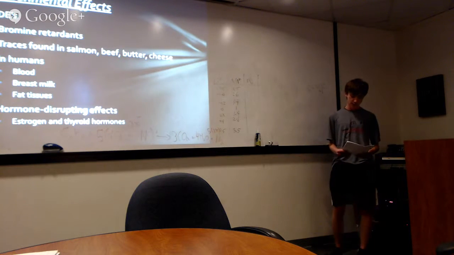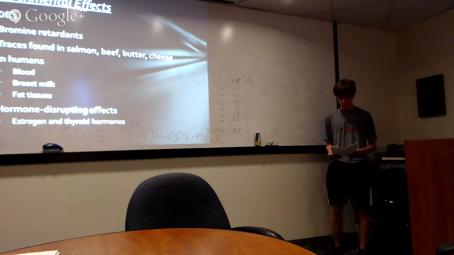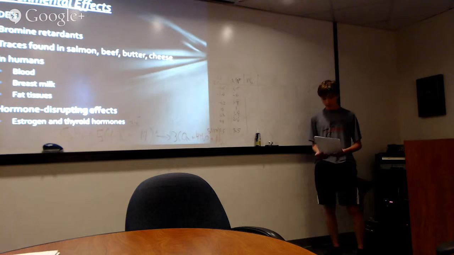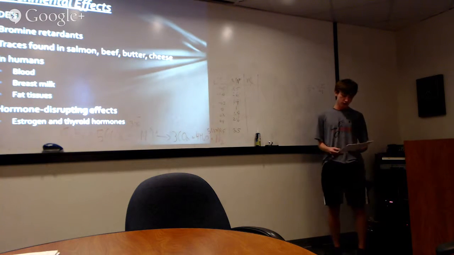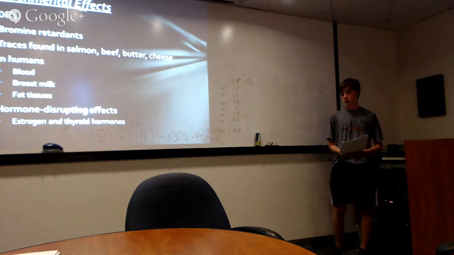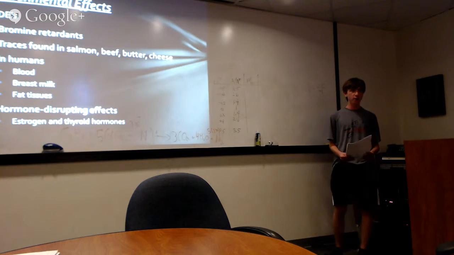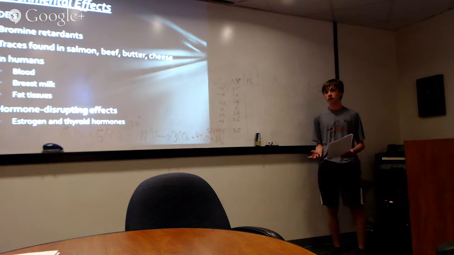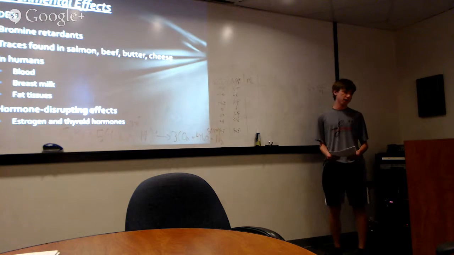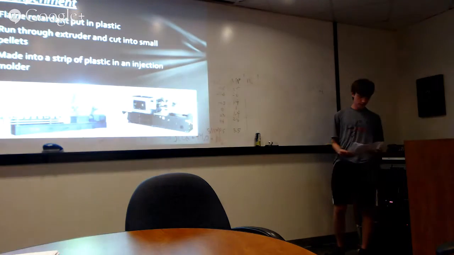So maybe something there. They're also found in marine mammals too. But they have hormone disrupting effects, particularly on the estrogen and thyroid hormones, which just affects people's hormones, but there aren't many other side effects besides that.